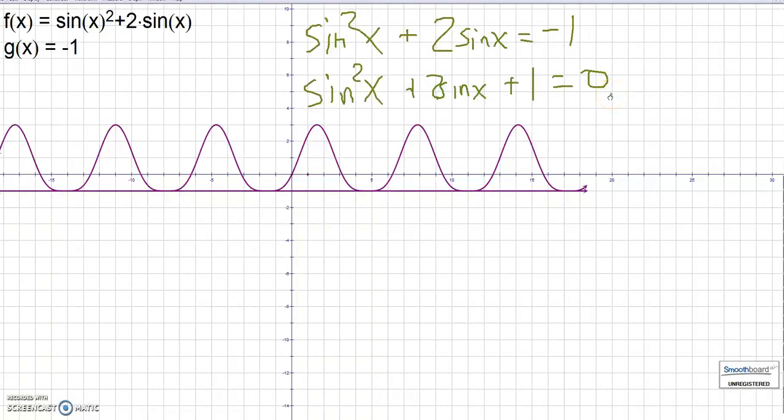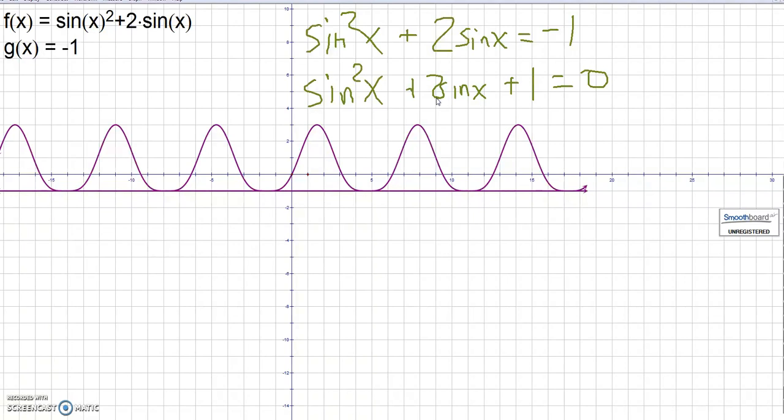If that does not make sense right now, you need to jot down a question so that we remember to talk through that a little bit more in class. But it's the same sort of idea. I'm going to look for two numbers that multiply to 1 and add up to 2. Obviously, give you a minute to think about that, but those numbers would have to be 1 and 1.